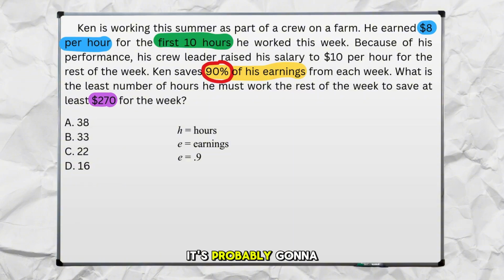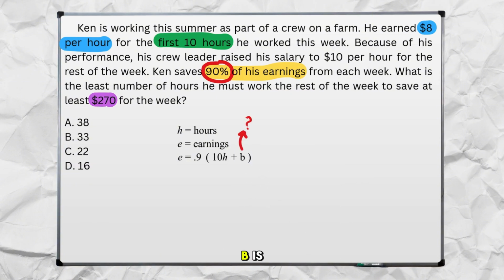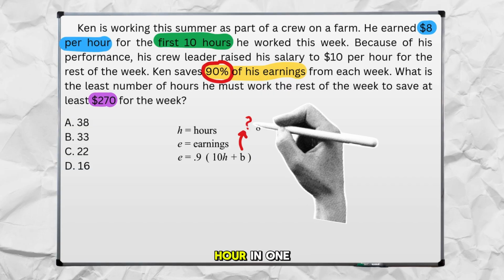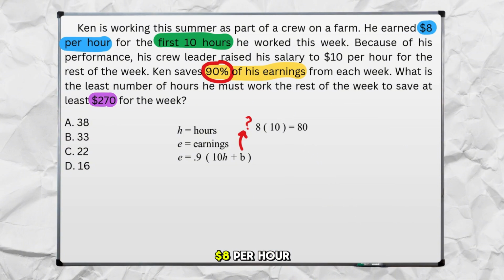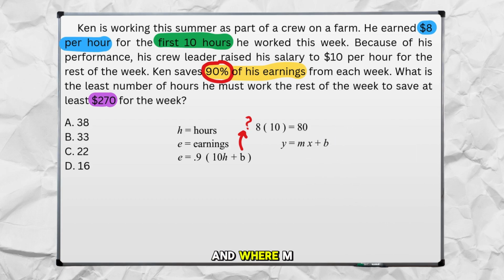Well, I know it's probably going to be something like 10x or 10h, but I don't know what my b is. So the way that I find my b is I would say, all right, well, he earns $8 per hour in one instance. So what if he worked 10 hours at that job? He would make $80. But I know that I want to fit it into the y equals mx plus b formula, where m is 10.